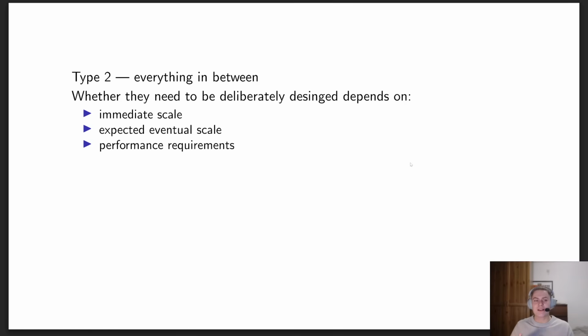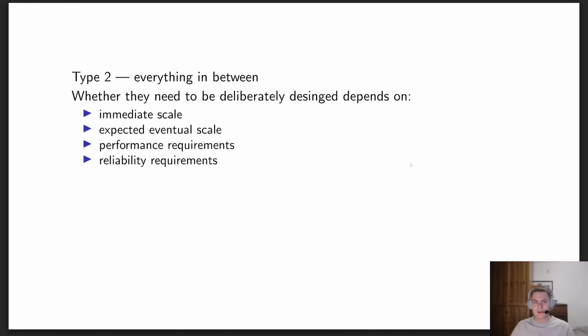So in many cases, if you have strict performance requirements, you're forced to spend a lot of time designing this thing, to the extent that it allows you to prove that it's going to meet those performance requirements.